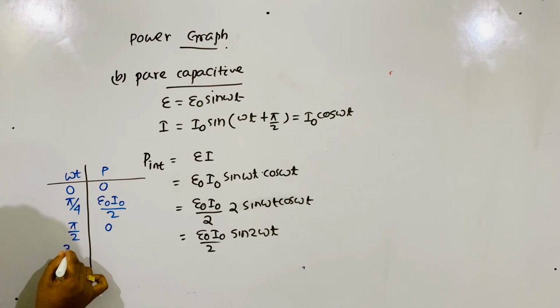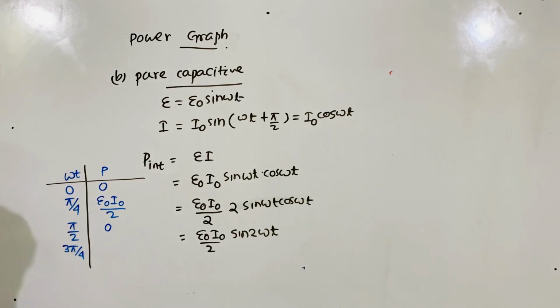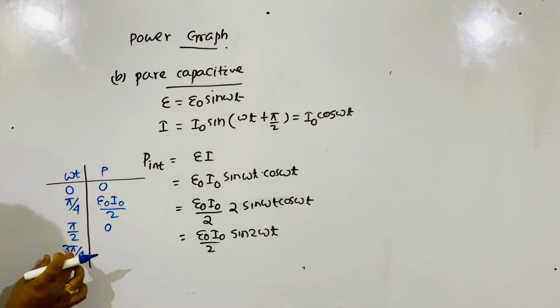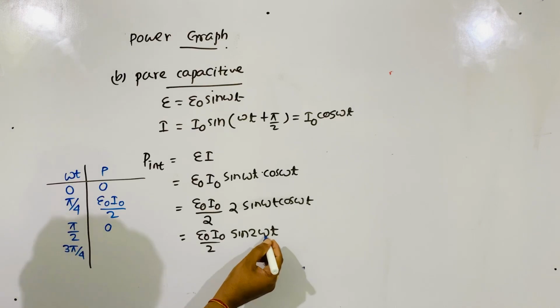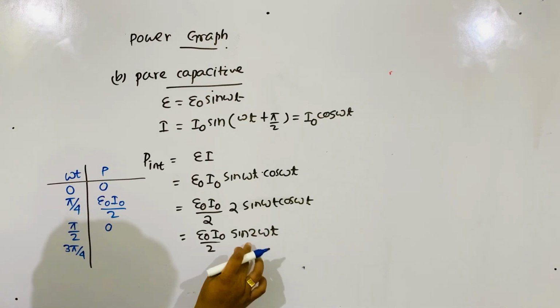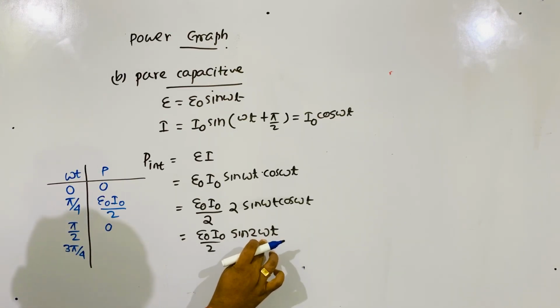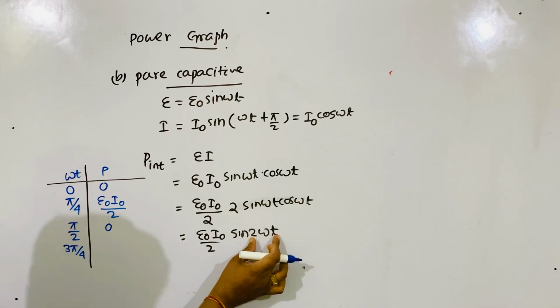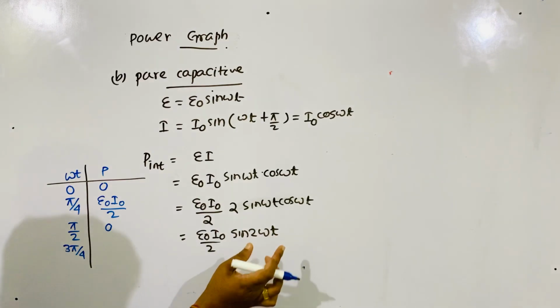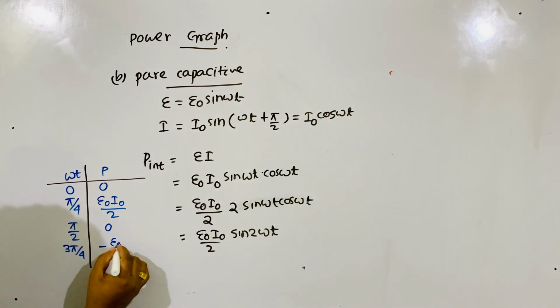Then take 3 pi by 4, that is 135 degrees. Then 2 into 3 pi by 4 gives sin 3 pi by 2, which is minus 1, so this will be minus E naught I naught by 2.